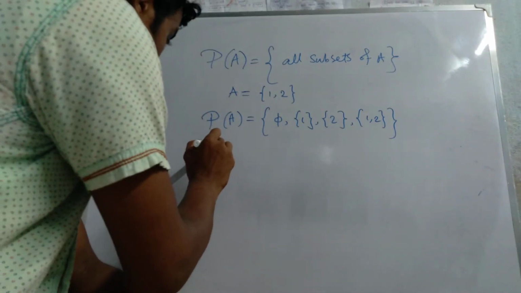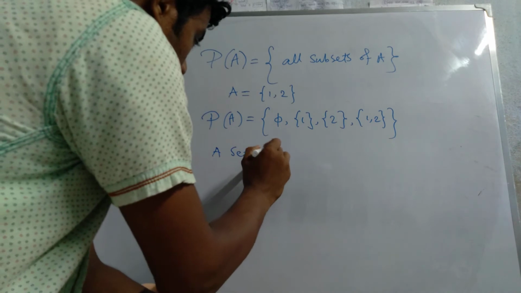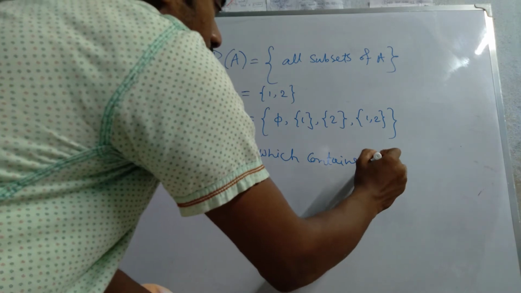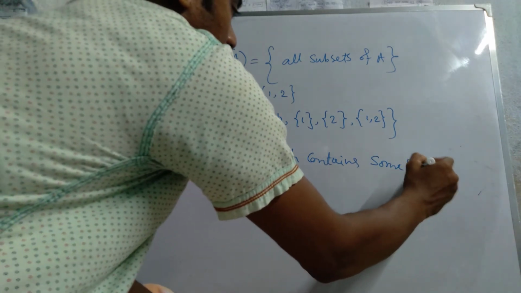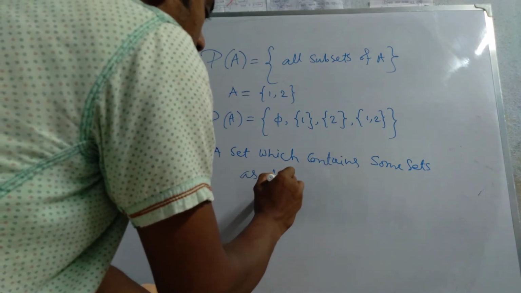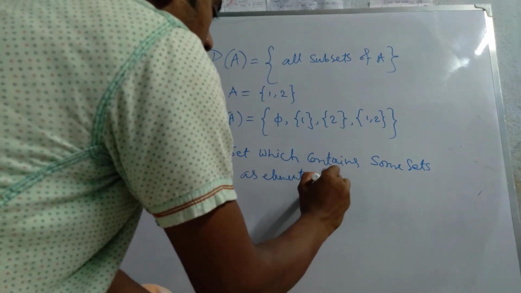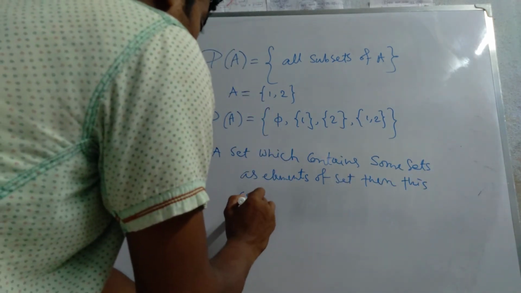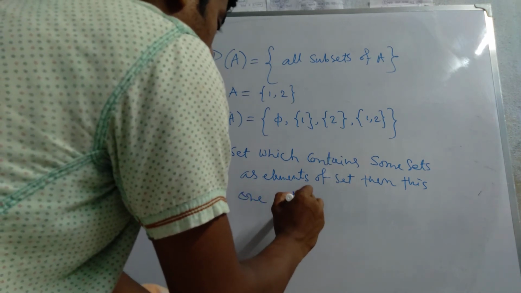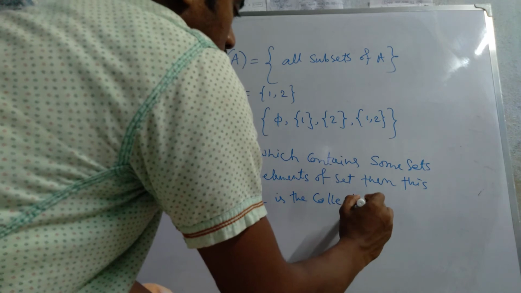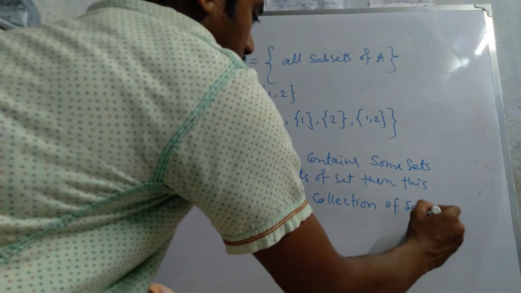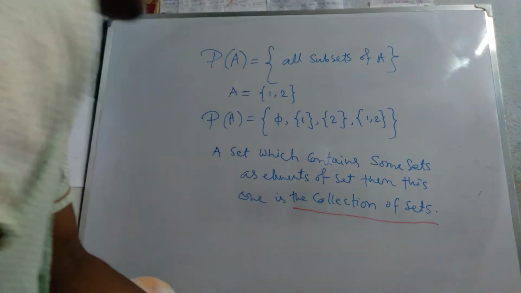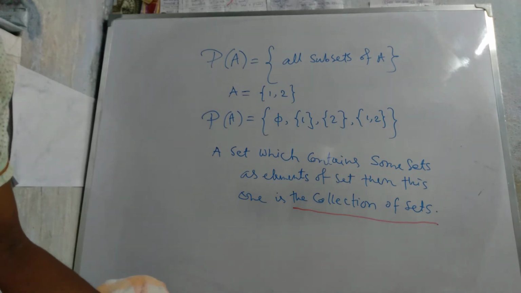That means a set which contains some sets as elements is the collection of sets. An example is the power set of A.